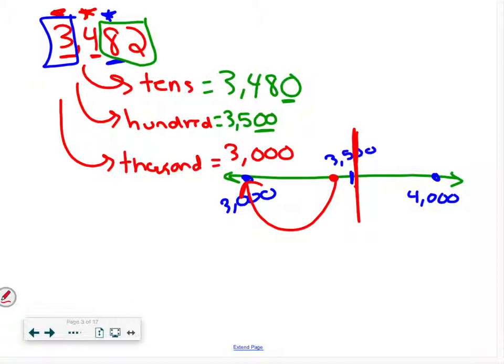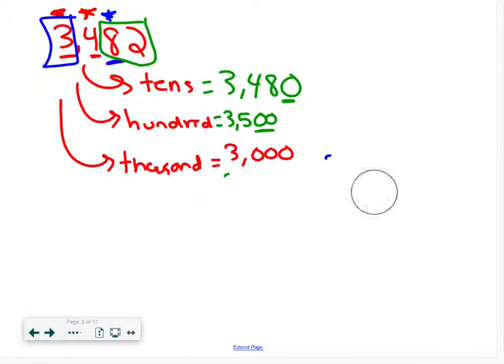Now I want us to look at all of these, and I want us to see the difference depending on when we round. If I'm rounding to the nearest tens, I only have 1 zero to work with. If I'm rounding to the nearest 100, I have 2 zeros, and if I'm working with the nearest 1,000, I have 3 zeros.